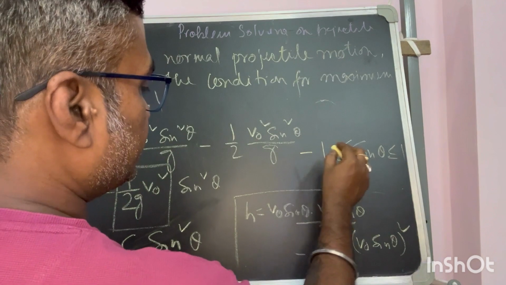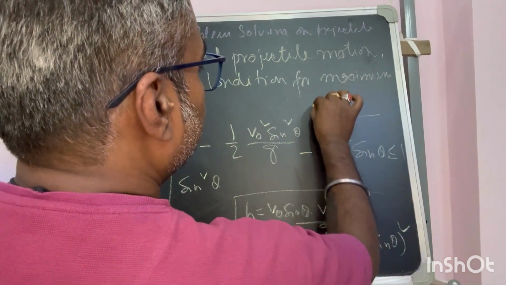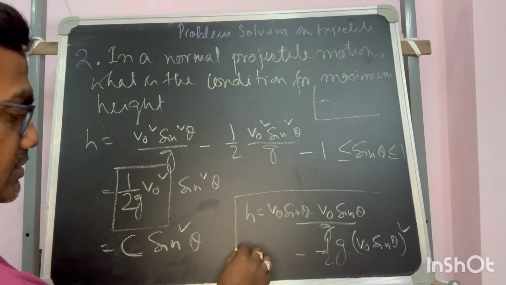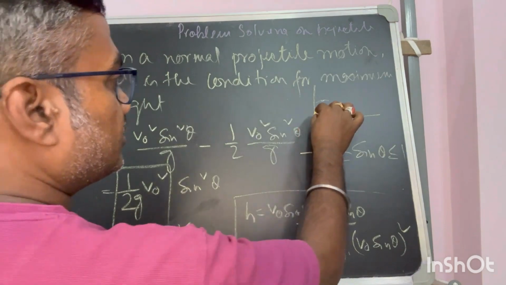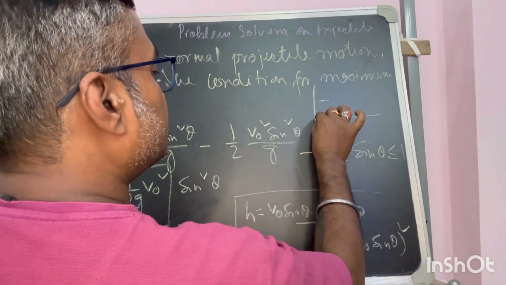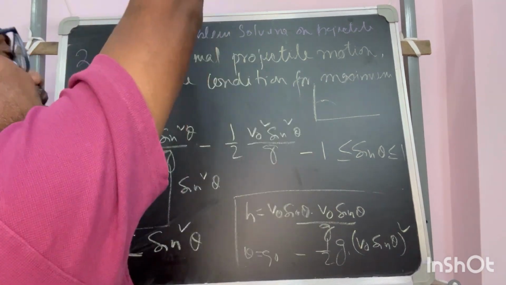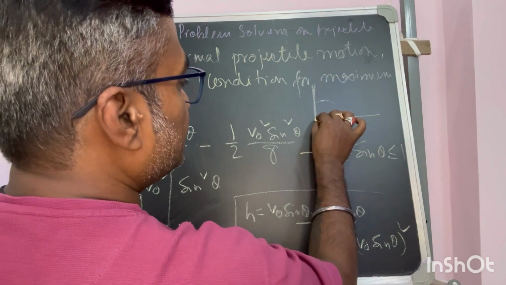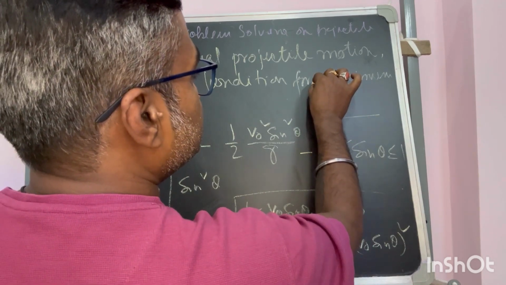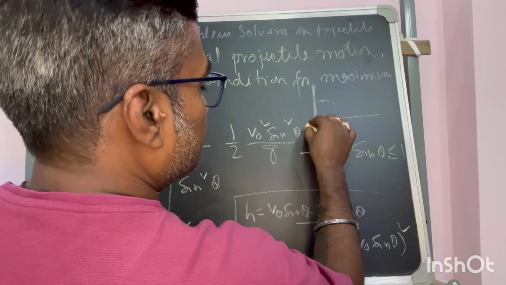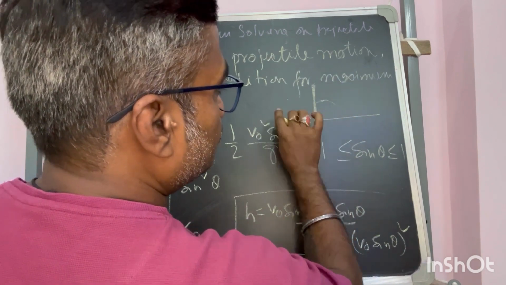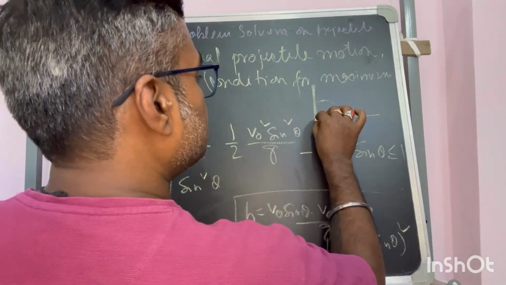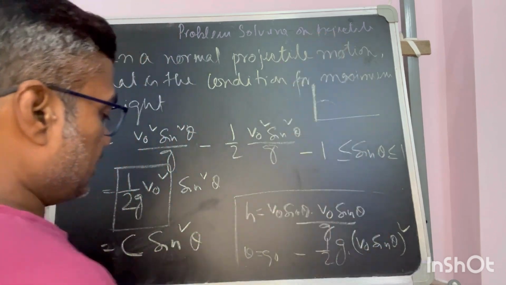So can you say that for any projectile motion, if theta is equal to 90 degrees, that means if I project it vertically up, throw directly upwards, it will definitely reach the maximum height, because every force is being utilized to reach the height, and we are not moving any horizontal distance, so everything is being converted into vertical motion.